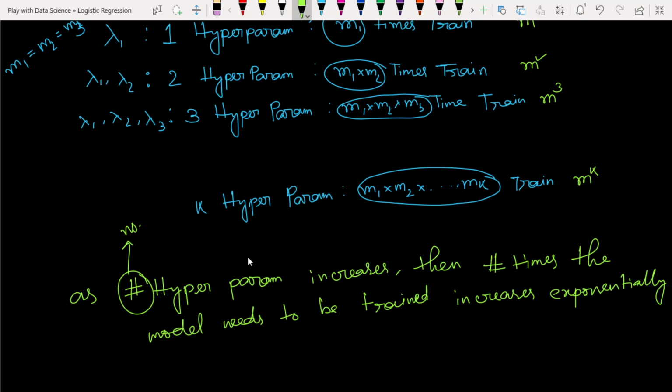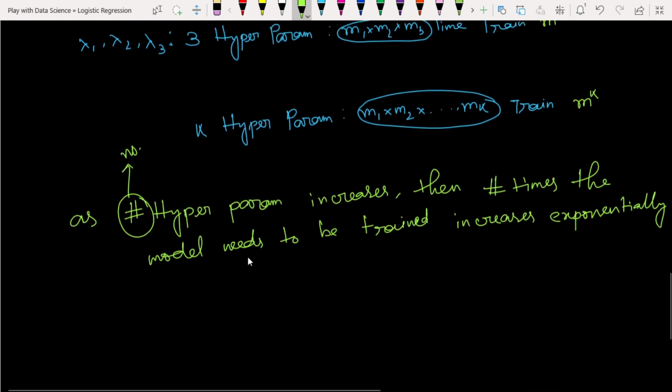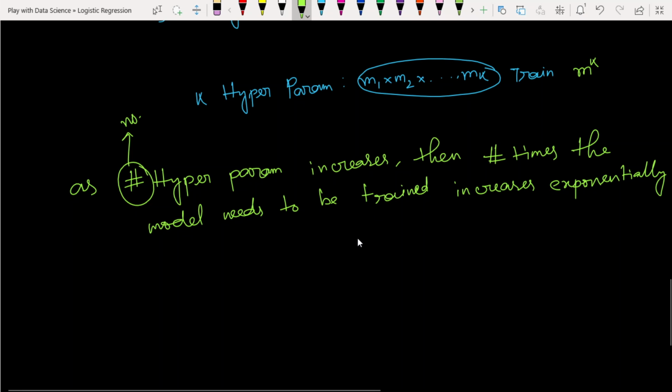In such cases, a huge amount of time and resources is needed to train a model, so it is very costly and time consuming. Sometimes it is not possible, for example in an internet company or a medical company where we need a low latency model, so this kind of parameter tuning is not possible there. This is a very bad situation. So you see, when k increases, our m to the power k increases exponentially.